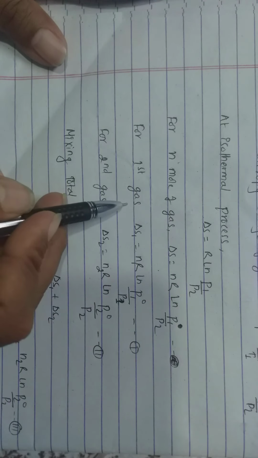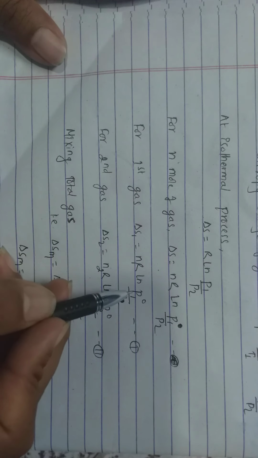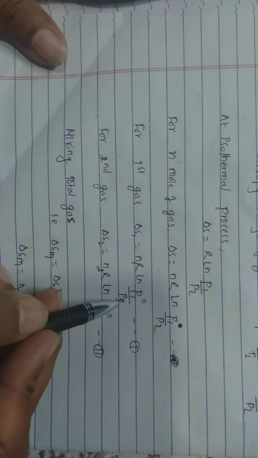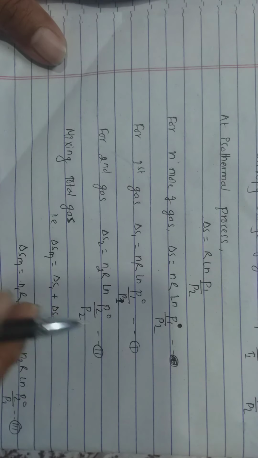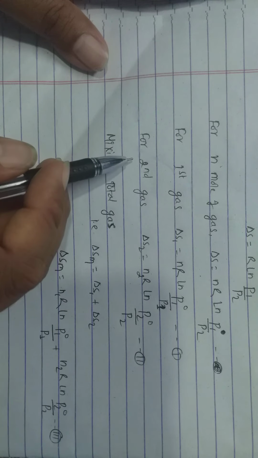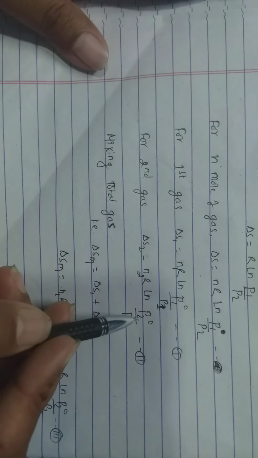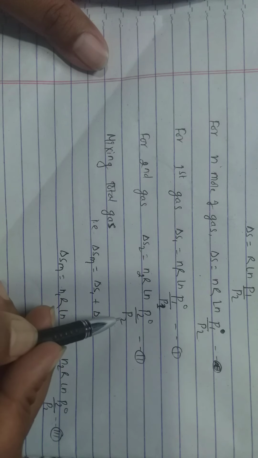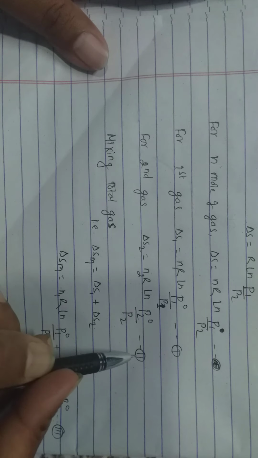For the first gas, del S1 is equal to n1 R ln P1 naught by P1. Instead of P1 we use P naught here. For the second gas, del S2 is equal to n2 R ln P2 naught by P2. This is equation 2.